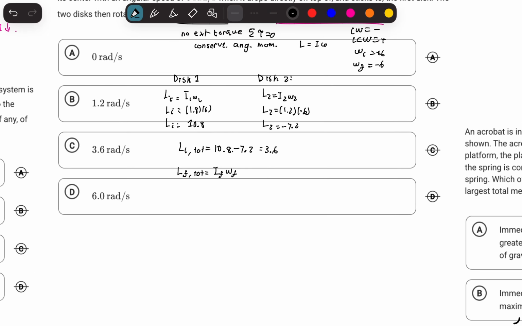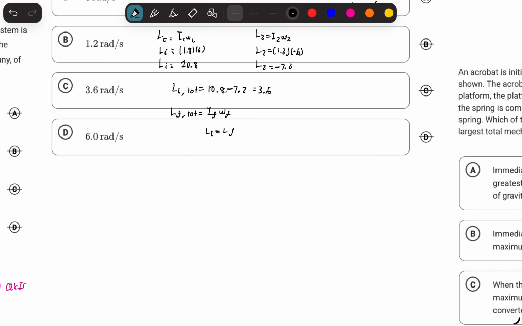So let's write that Li equals Lf here, so we can show that below.